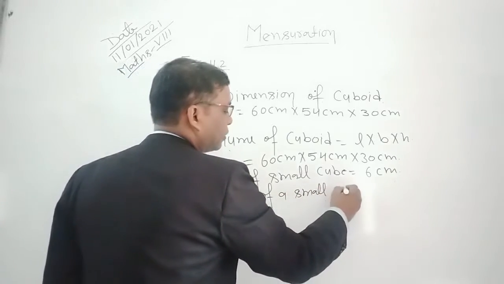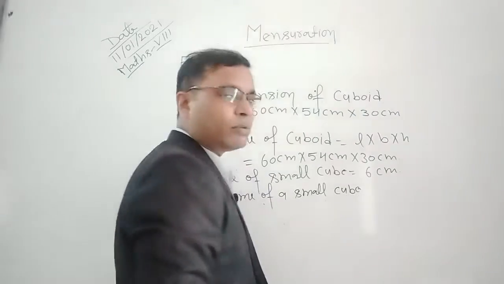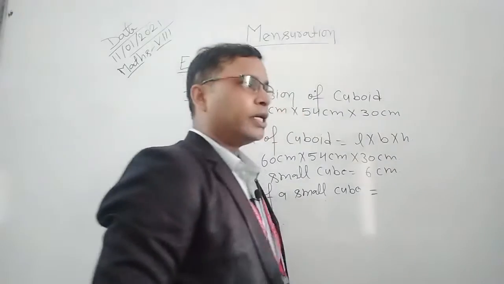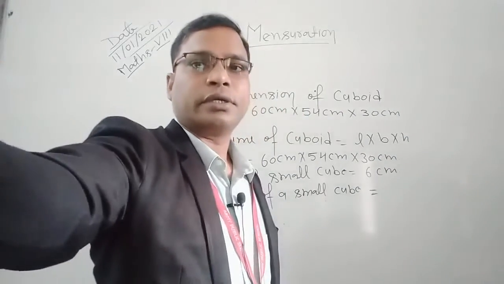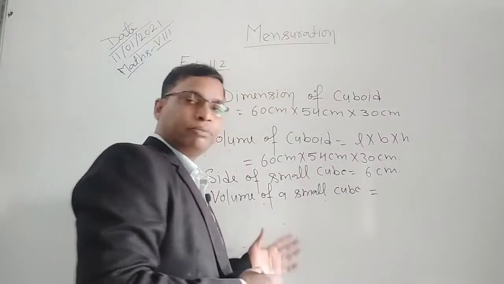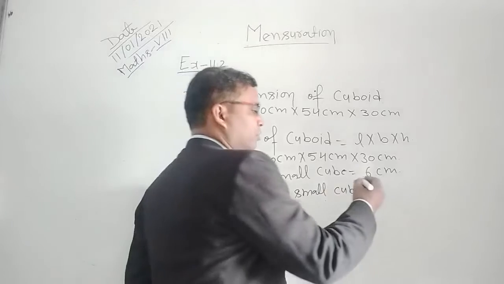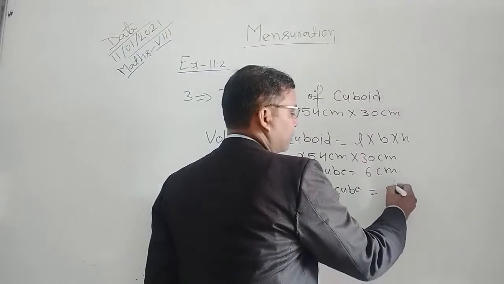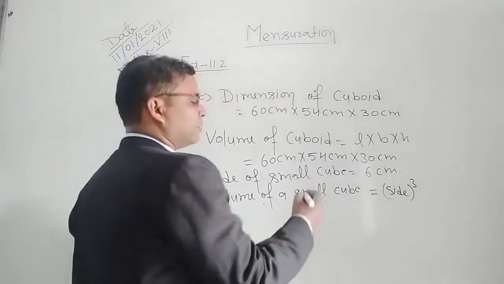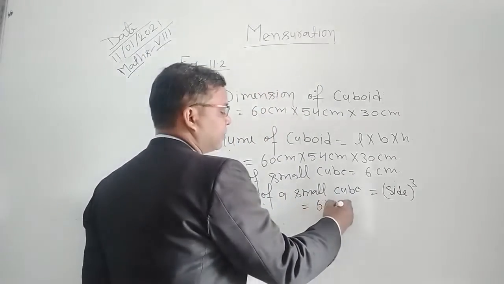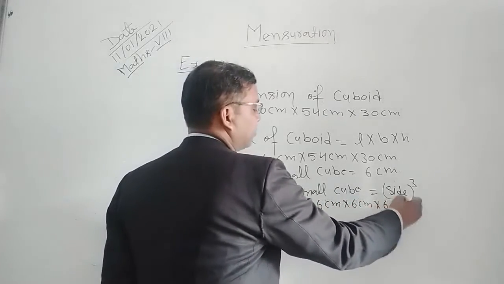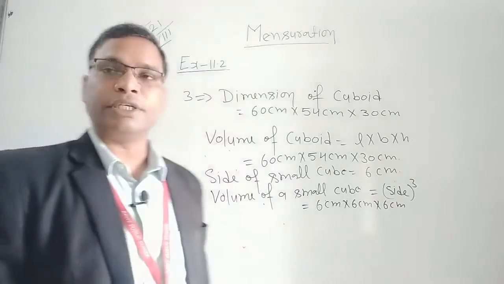Side is given here. What is side? 6 centimeter into 6 centimeter into 6 centimeter. This is the volume of the small cube.